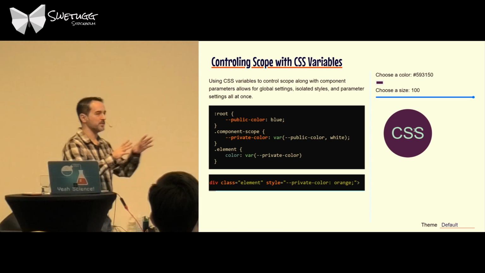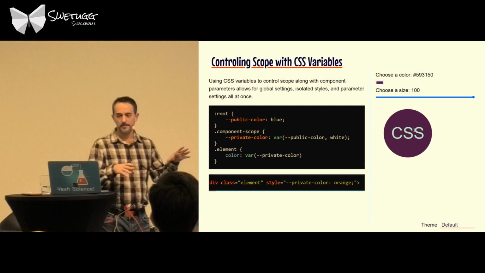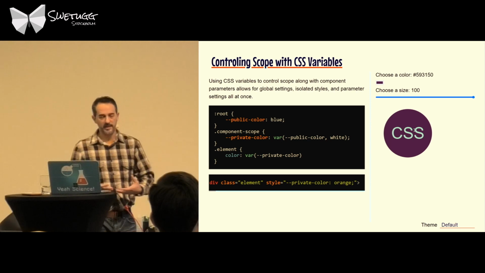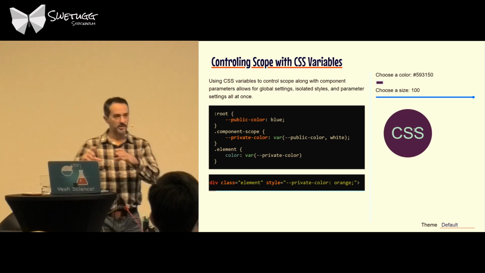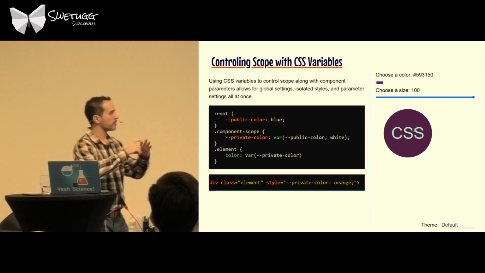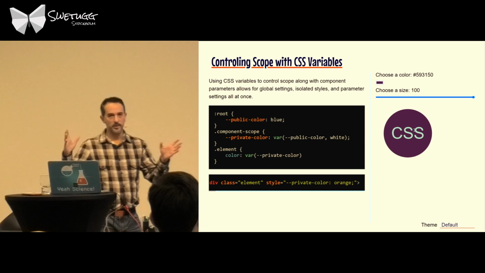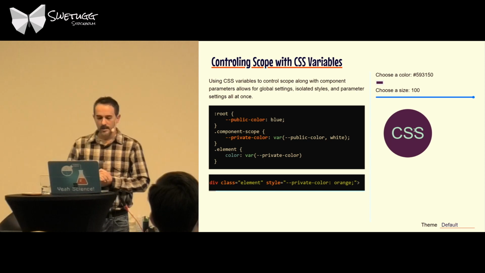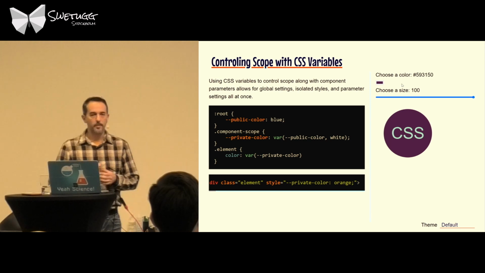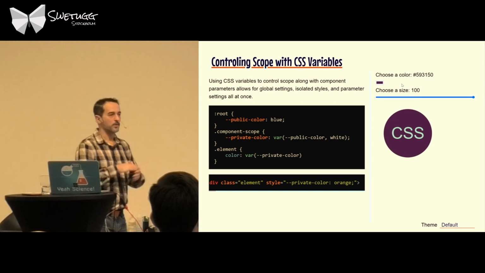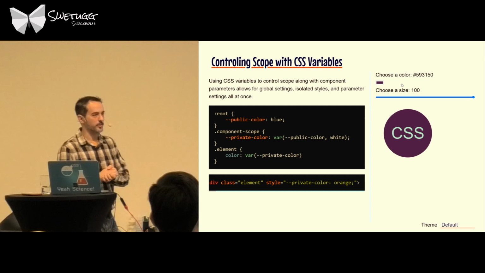So this is kind of an ideal space to be in, where we've isolated things about the component that we don't want the user to change. It's always going to be this bubble shape. It's a circle, so that part's not exposed to the outside. There is a property for size and a property for color, and those map to CSS variables.